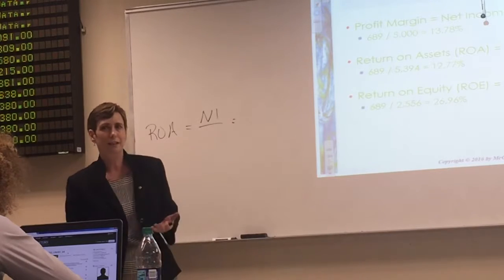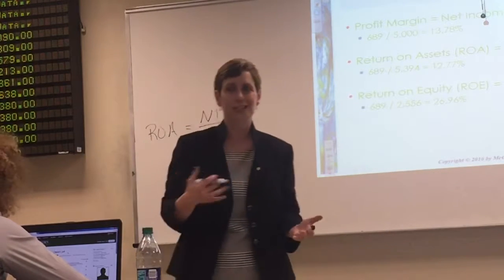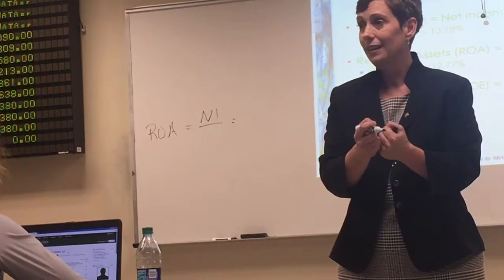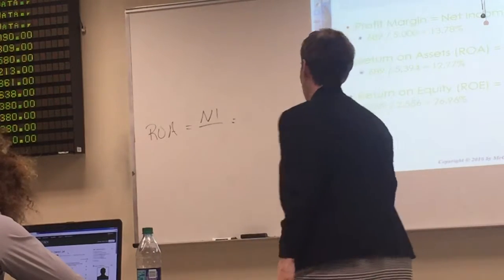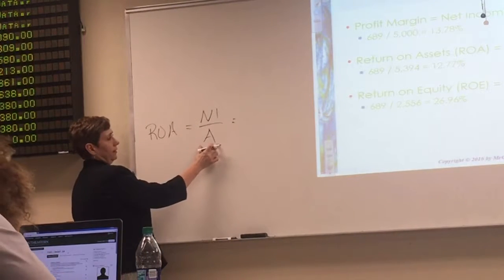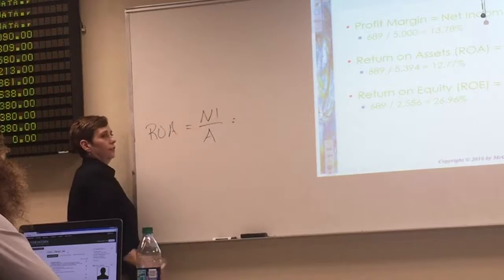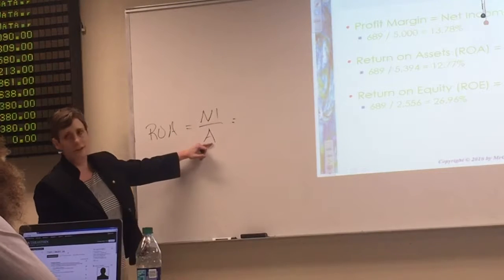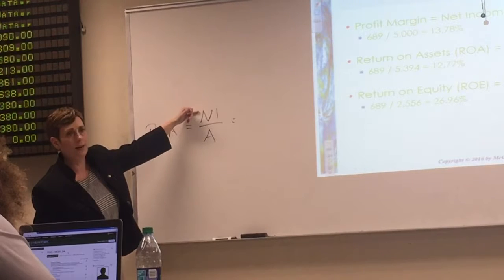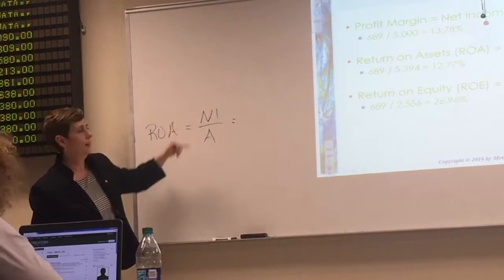And in the denominator, what do you think our investment to get that return should be? Assets, total assets. So it's these assets that we purchase that produce this benefit. So this is our investment, are our assets, and our net income is our benefit.